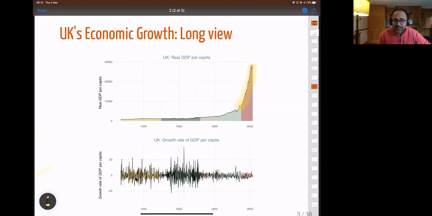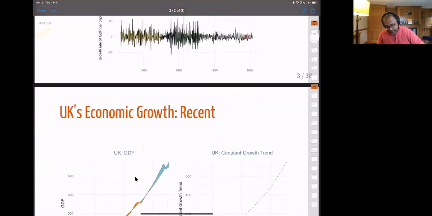If you can understand why the spike happened in the UK, we can understand a lot about how we can engender this kind of spike in other developing countries. The second thing to notice is that in the brown period, the last 100 years, the volatility has gone down quite significantly. I'm going to explore these things in the next few slides.